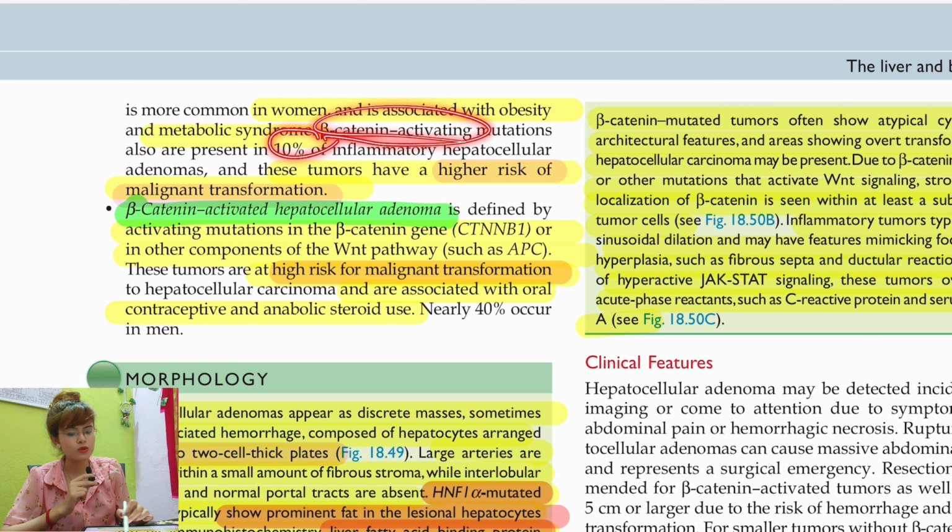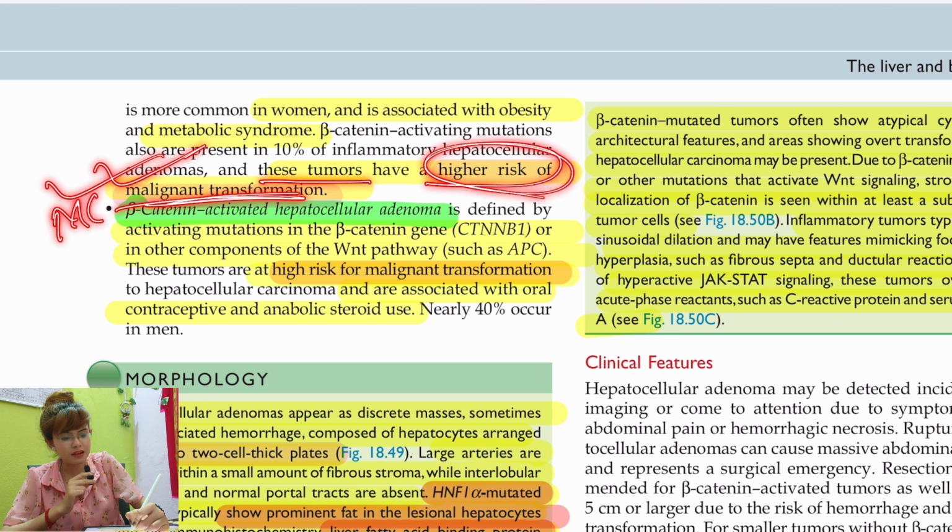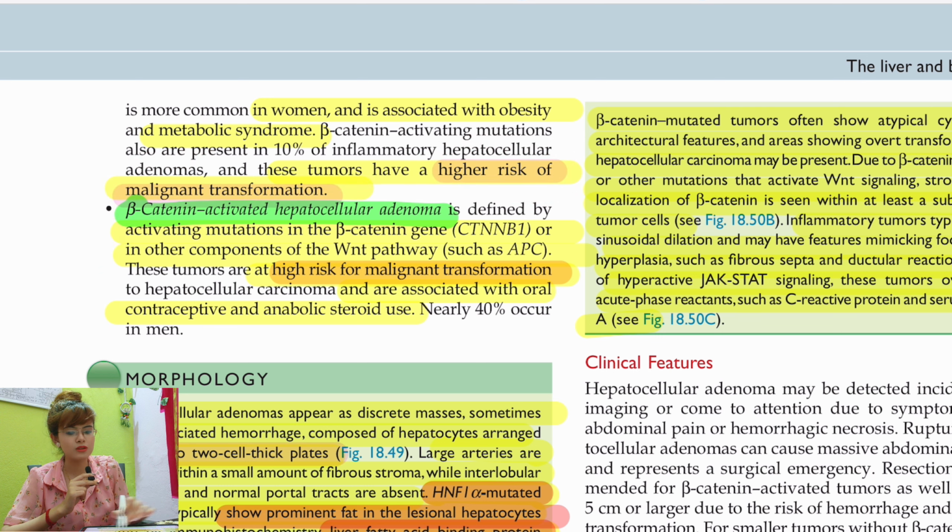Beta-catenin is present in only 10% of these entities, and these tumors have a high risk of malignant transformation. This is again a very important point, that yes, these tumors have a comparatively higher risk. So inflammatory adenomas have a comparatively higher risk, but the one with the HNF1 alpha gene mutation has a much lower risk of getting converted to malignancy.